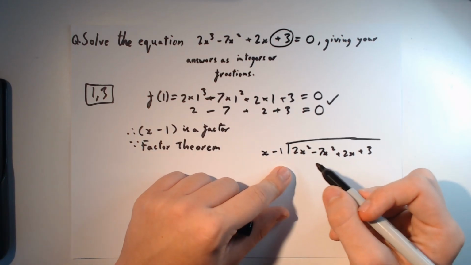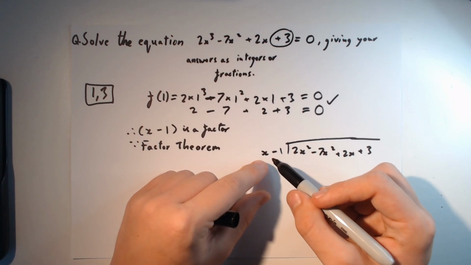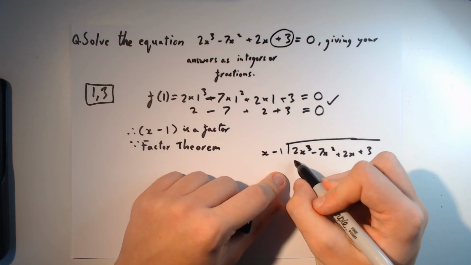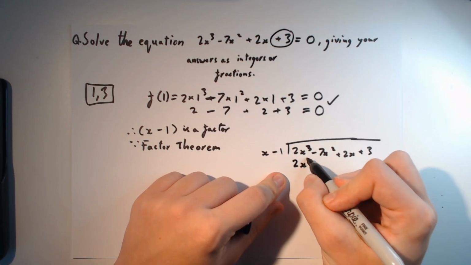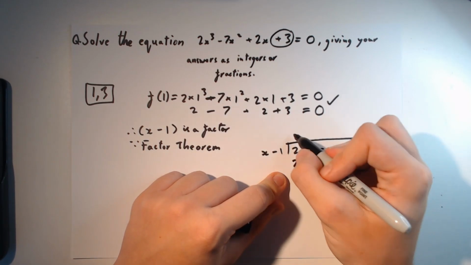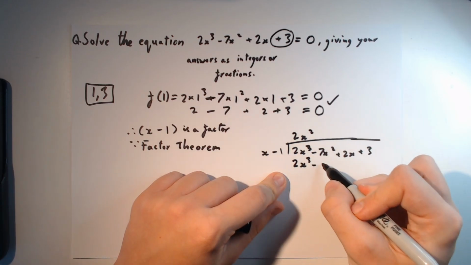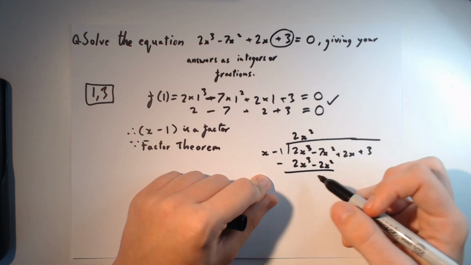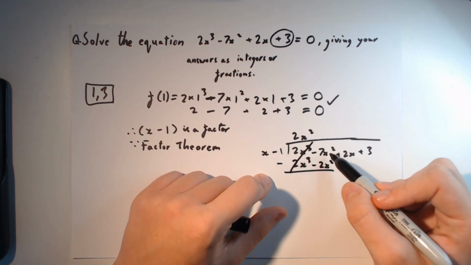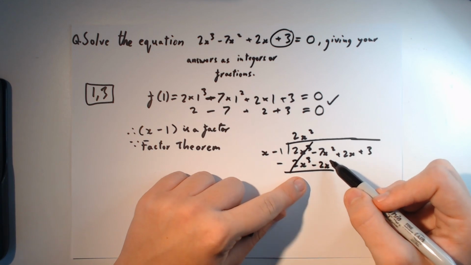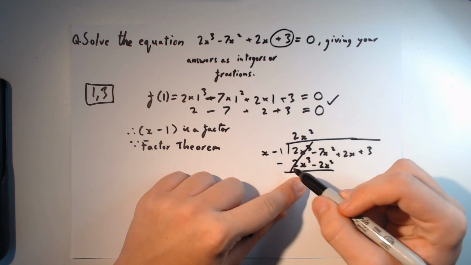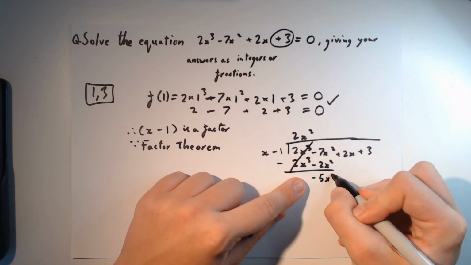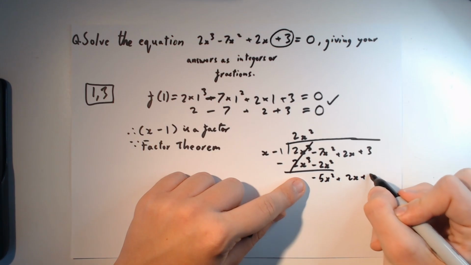And now we're going to start dividing. So what do we multiply x by to get 2x cubed? We do multiply by 2x squared. And then that's minus 2x squared. Subtract it. Those cancel out. You do minus 7x squared plus 2x squared because it's negative twice. So you get minus 5x squared plus 2x plus 3.